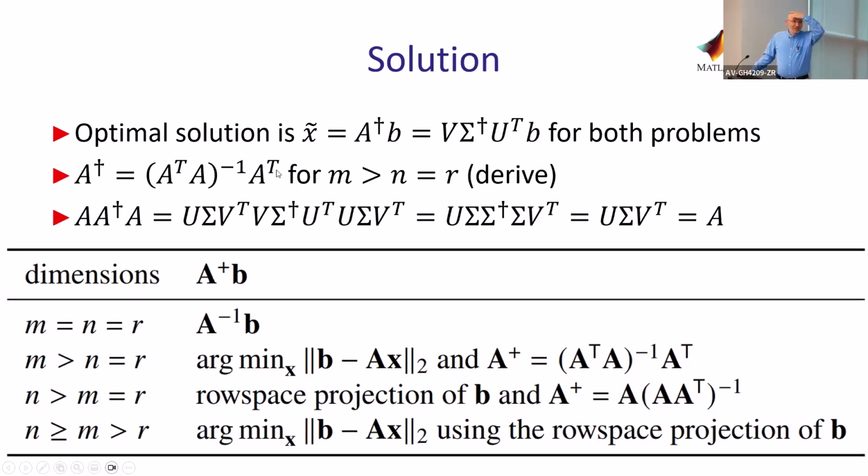What we want to prove is that you can actually compute the pseudo inverse using a formula, which is very nice, for M larger than N and equal to the rank of the system. So if this is a tall and narrow matrix, and the rank equals the number of columns that you have, then this is the formula that you have to compute.